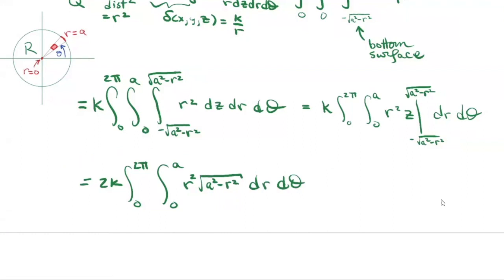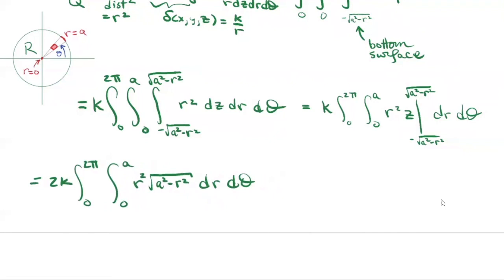Okay, so I haven't done anything tricky yet. But the tricky part now is to recognize that that inner integral does not involve theta. So given that there is no theta anywhere, including the limits, that can factor out.